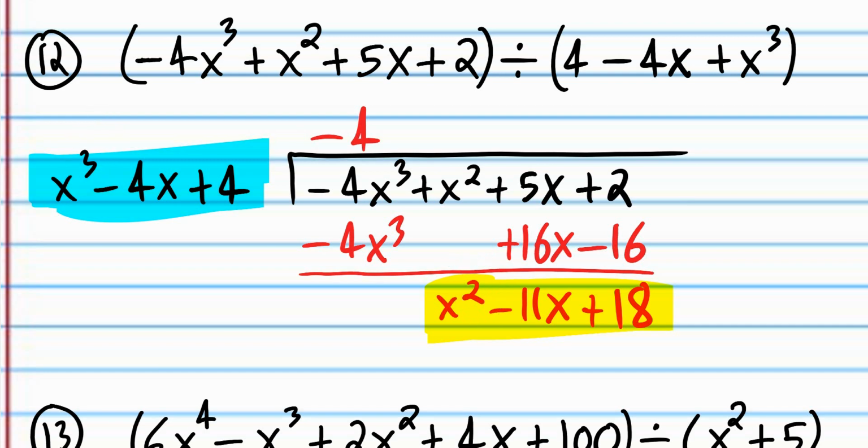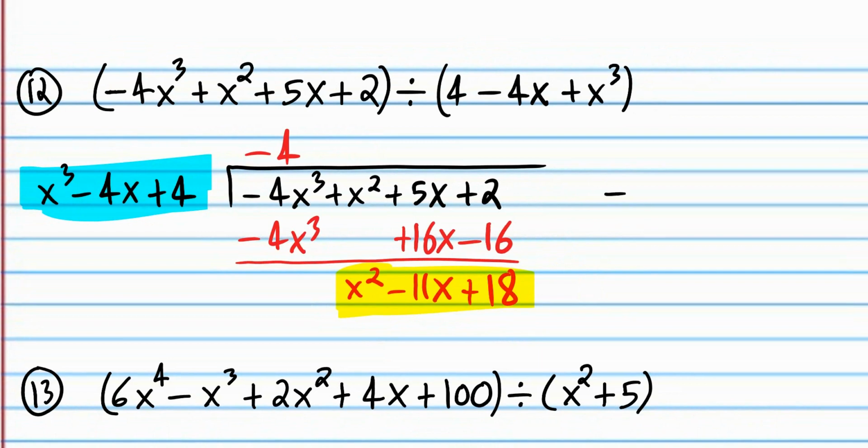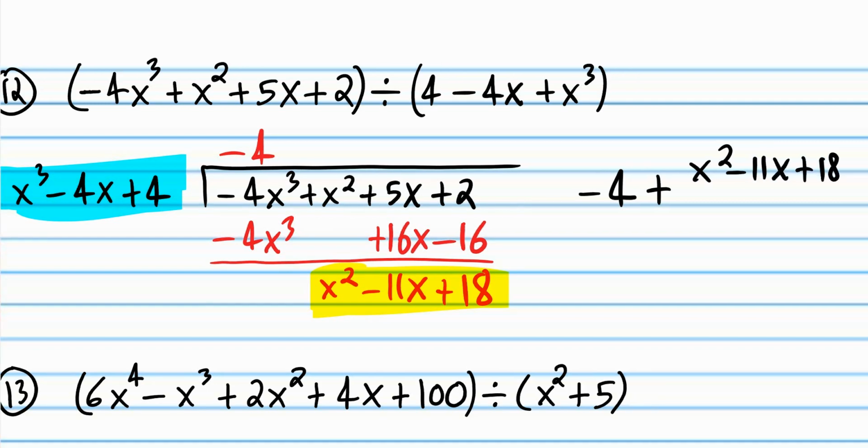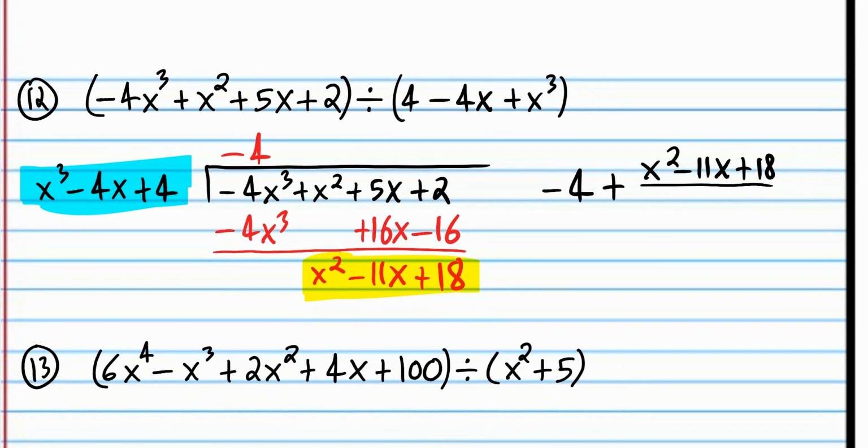So the final answer is negative 4 plus the remainder divided by the divisor. That's the way it always works in every problem. But notice in this problem, we only had one cycle that we had to do in the long division algorithm. Sometimes that happens.